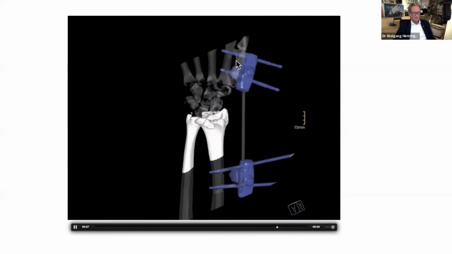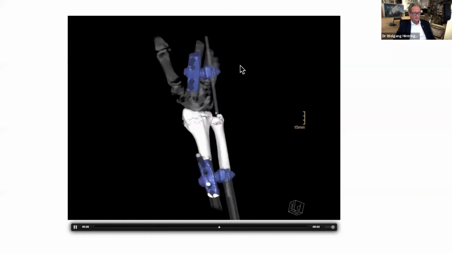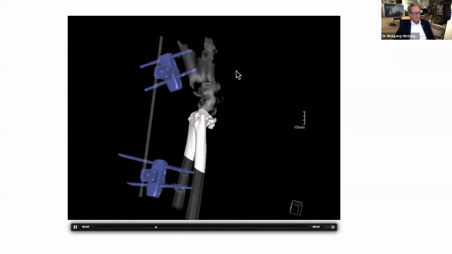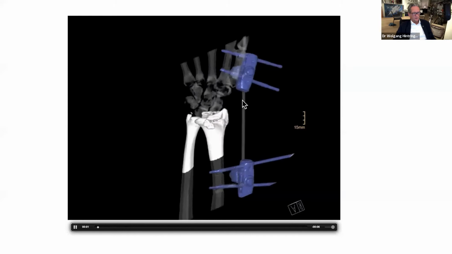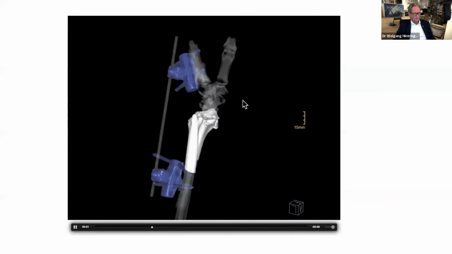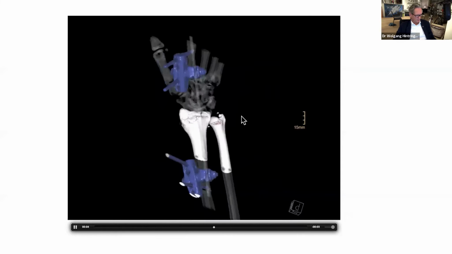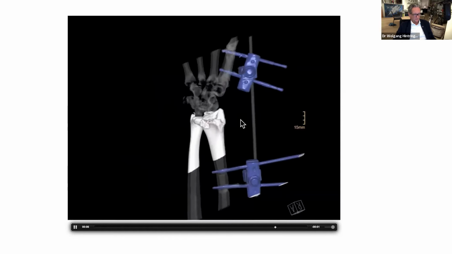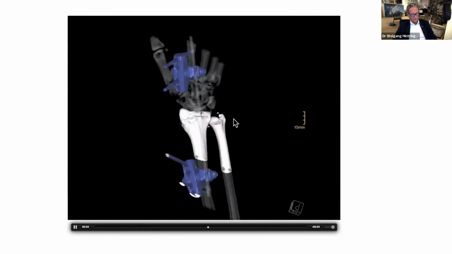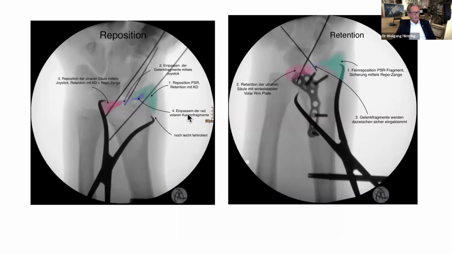The patient had at first an external fixator. Sometimes it's helpful, if you do not have the right equipment for operating, to wait maybe 2-3 days and then go at this fracture with the right equipment. And as you can see here, he had a plan how to do it. At first, he wanted to reduce the radial styloid.